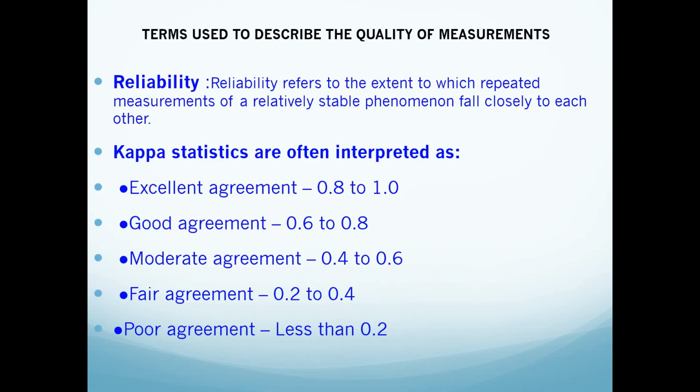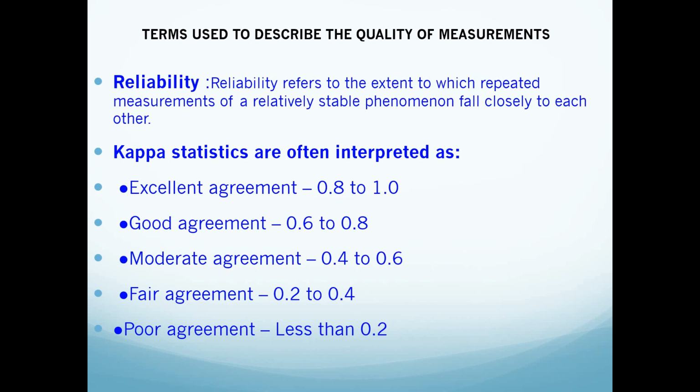The terms used to describe the quality of measurements are reliability and validity. What is the difference between reliability and validity? Reliability refers to the extent to which repeated measures of relatively stable phenomena fall closely to each other. That means if I take this test and do it here, or do it in USA, or in UK, the result should be the same.